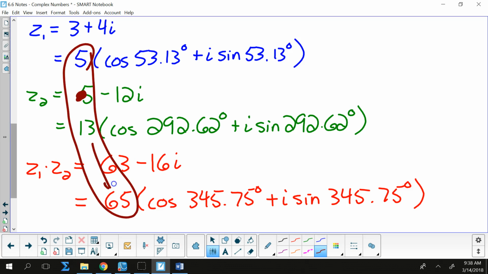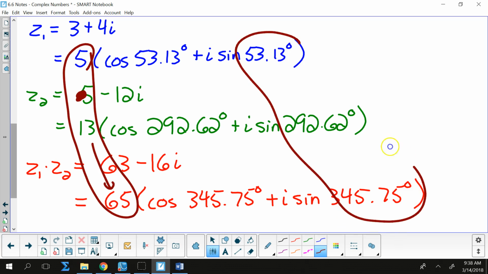My product? Yeah, your product. Okay? So 5 times 13 gets me 65. That's one pattern. Emily, I saw yours before Megan's. If you add the two thetas, you get the theta. If I add the thetas, I get my theta.